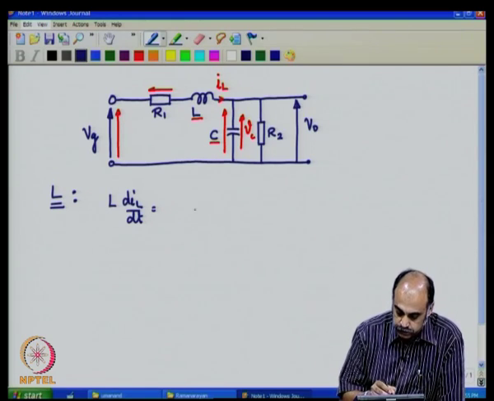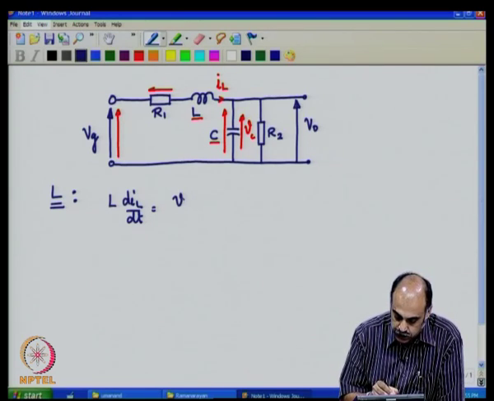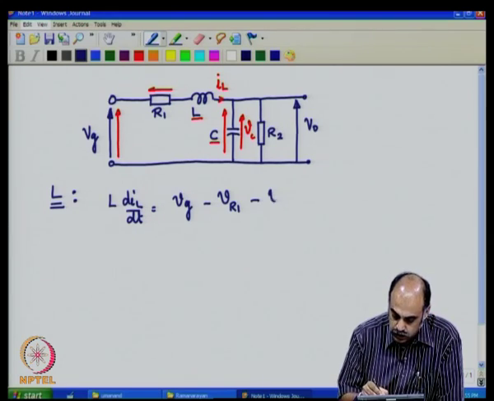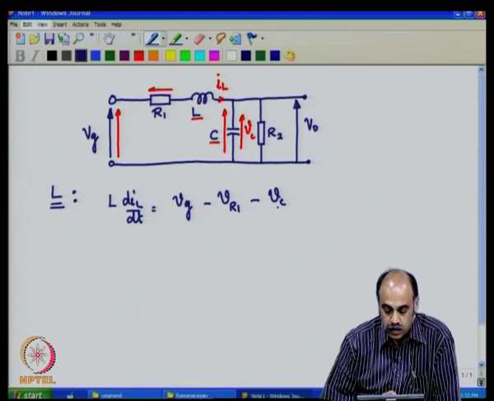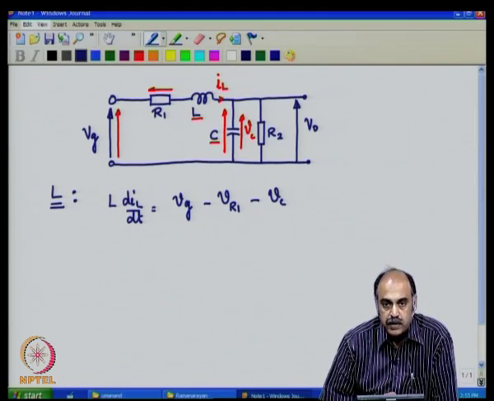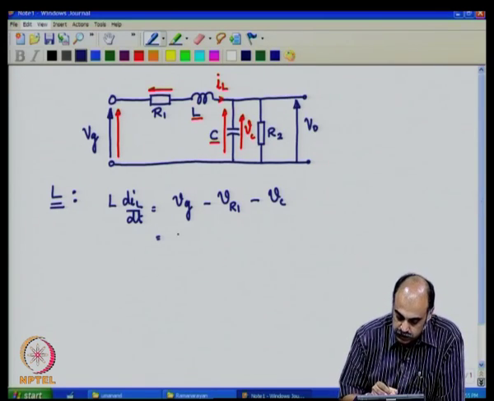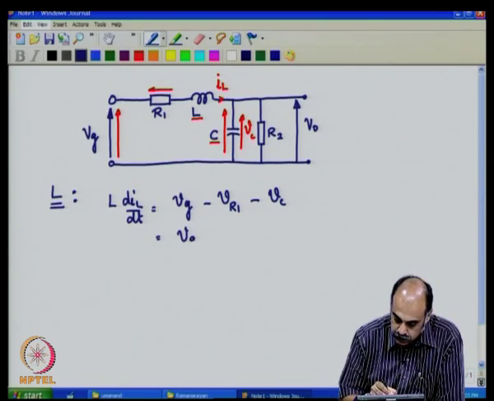So, therefore, it is Vg minus Vr1 minus Vc. However, we have to represent only in variables that are permitted, which means state variables and input variables.